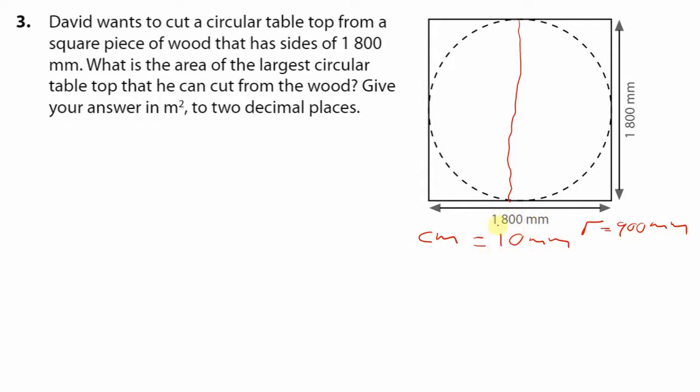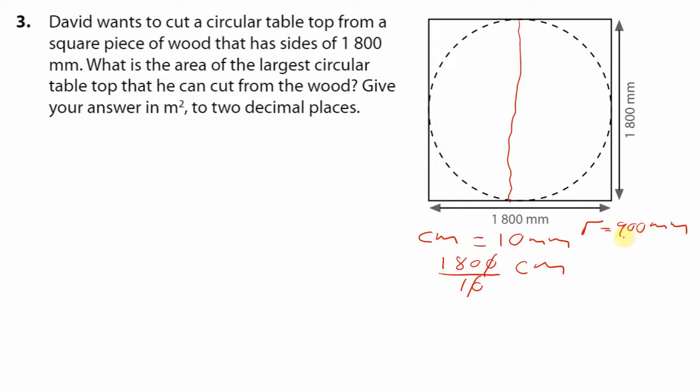So we will have to divide. 1800 divided by 10 gives us the answer in centimeter. We can cancel a 0, so it's in fact the same as 180 centimeter.